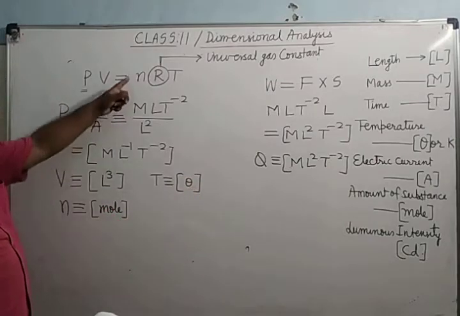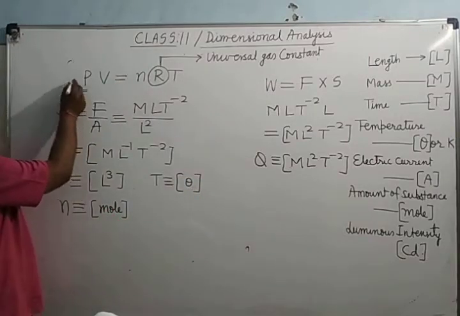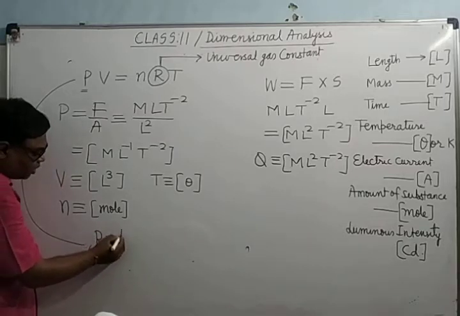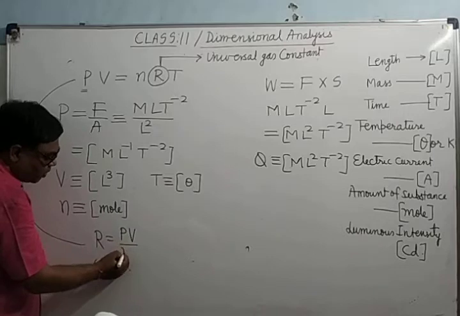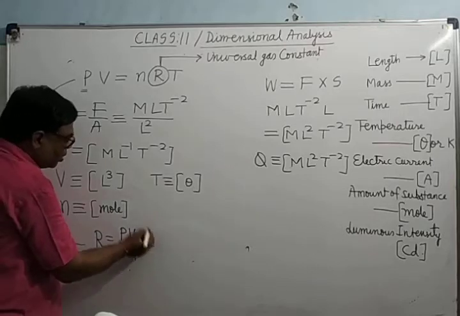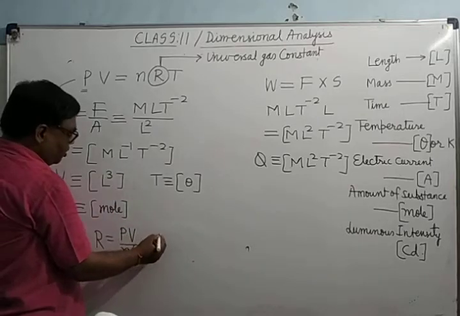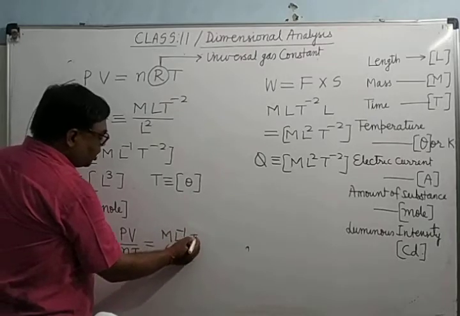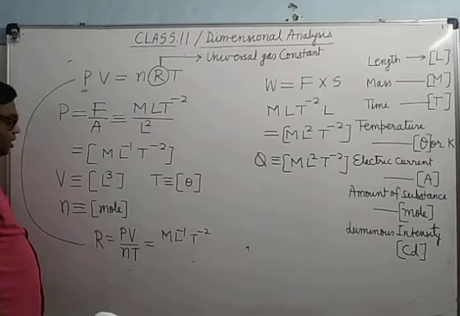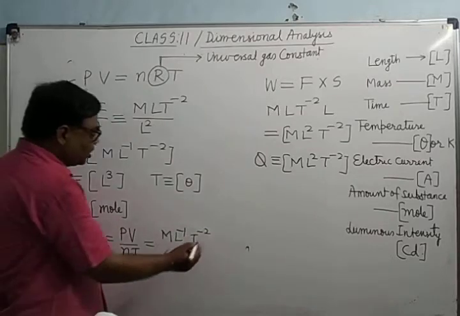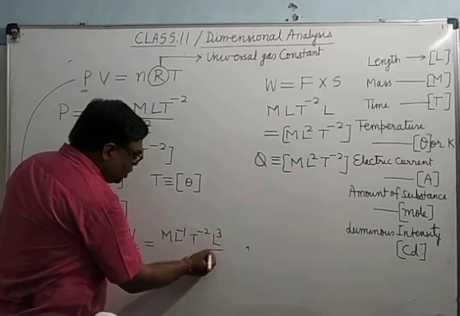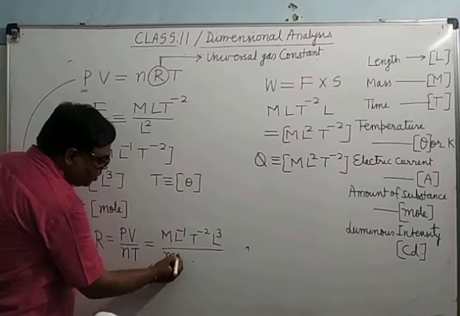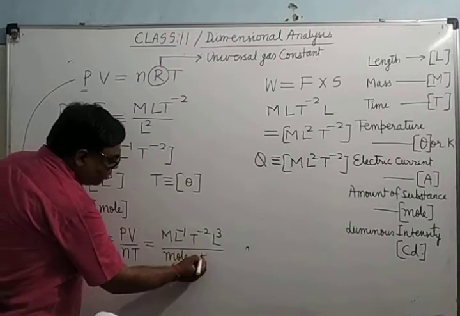So first you make the formula of R. In order to determine the dimensional formula of the universal gas constant, R equals PV upon nT. Now write down all these things. P is ML minus 1 T minus 2. Then volume is L cube. n is mole, and theta is Kelvin.